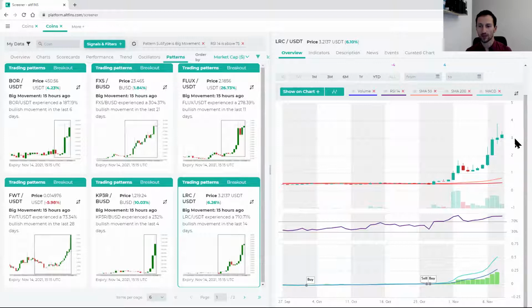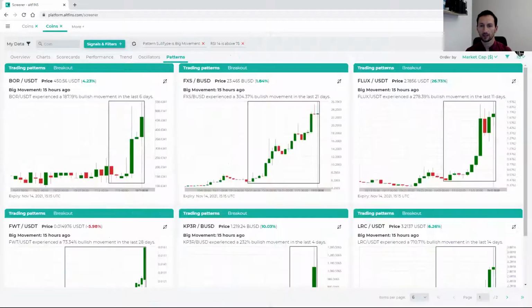So I wouldn't be surprised to see one or two red candles here at these levels. But that's just to show you the potential of using the screener to combine the patterns with other indicators.